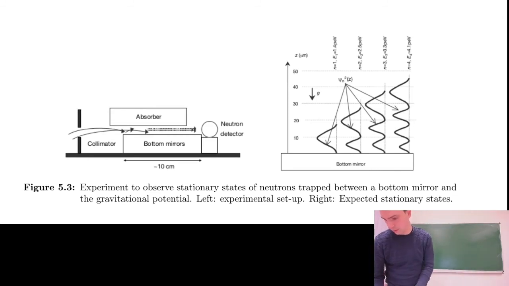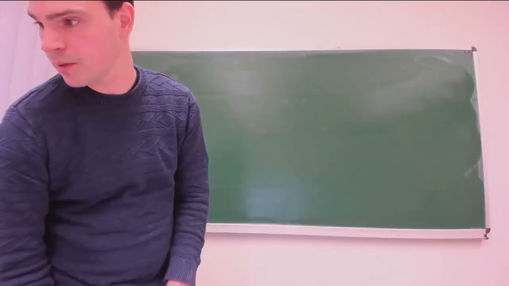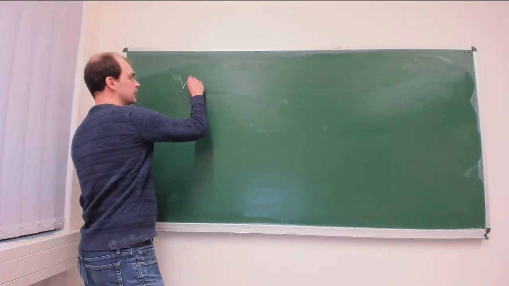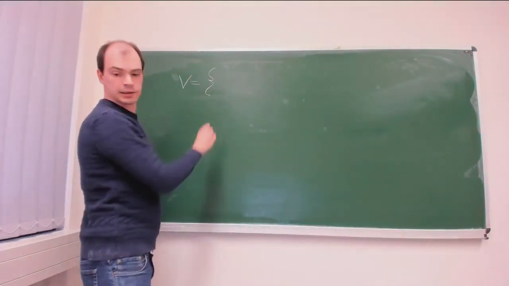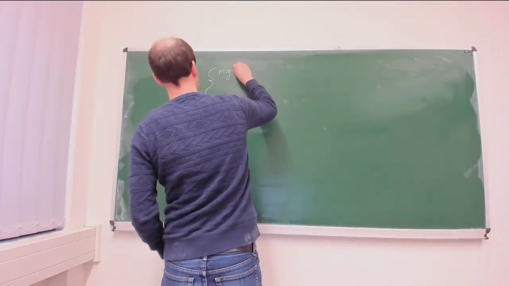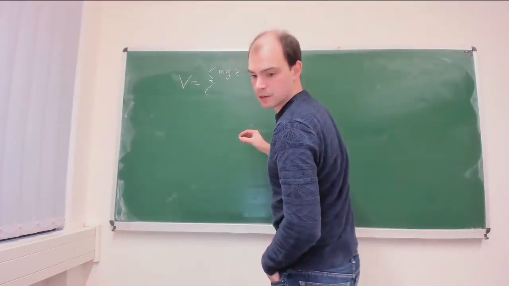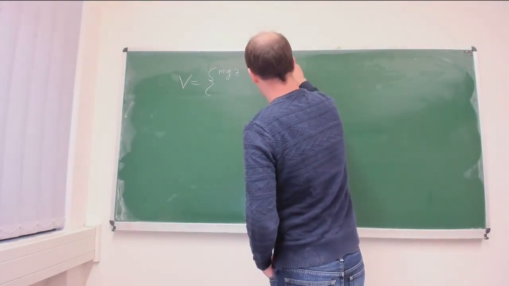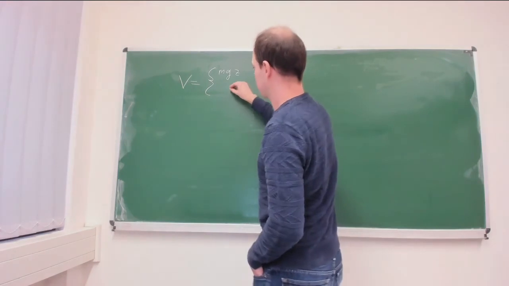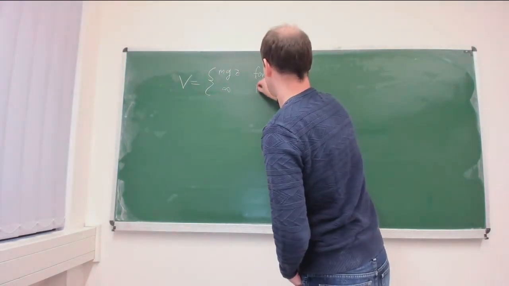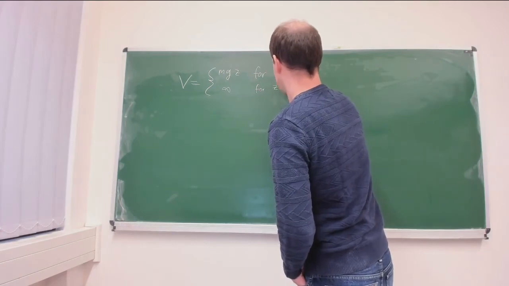So in formulas, the potential here is the Newtonian gravity potential, mgz, but only for positive values of z, and it's infinite for values of z that are smaller than 0.